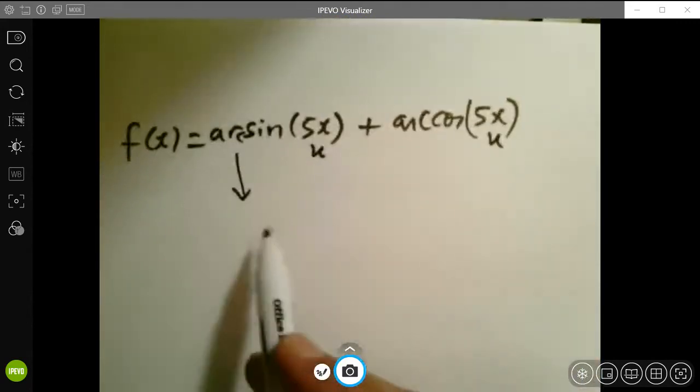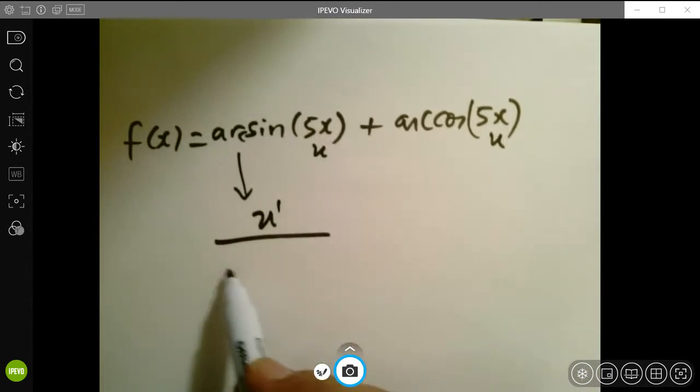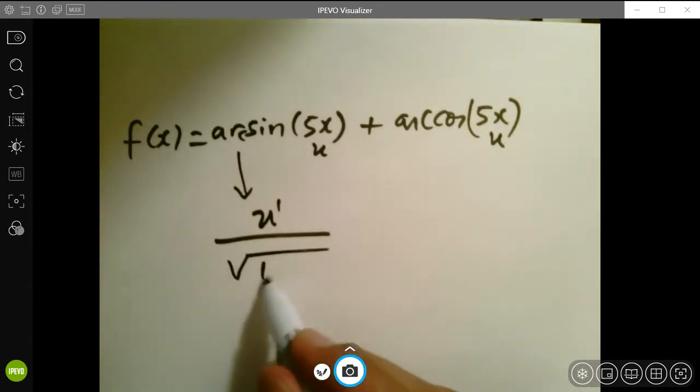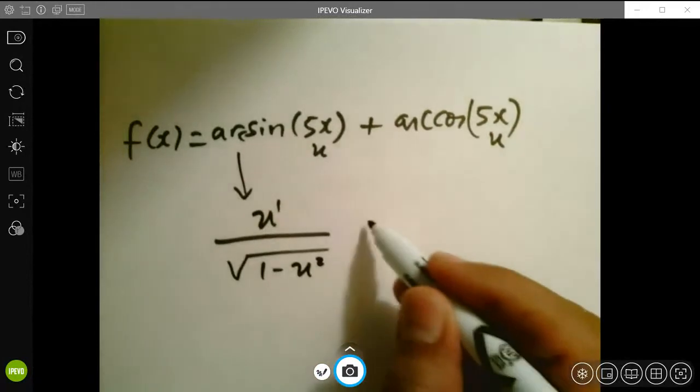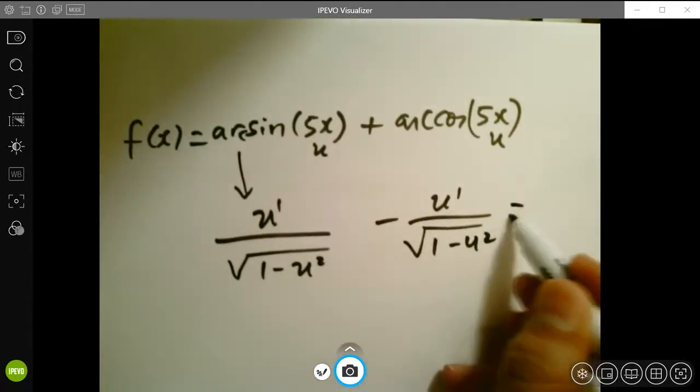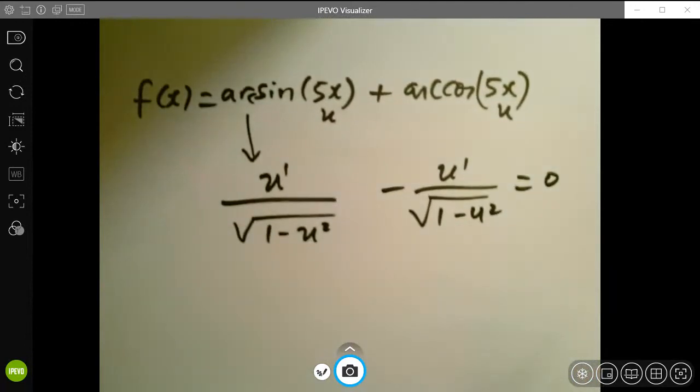Same. Remember, it is u prime over square root of 1 minus u squared, minus u prime over square root of 1 minus u squared, which is 0. So the derivative of this function is just 0.